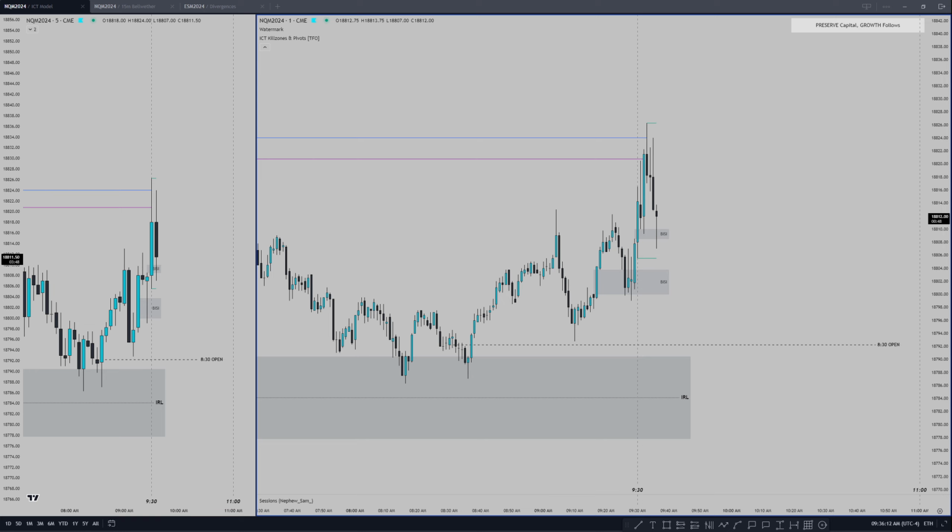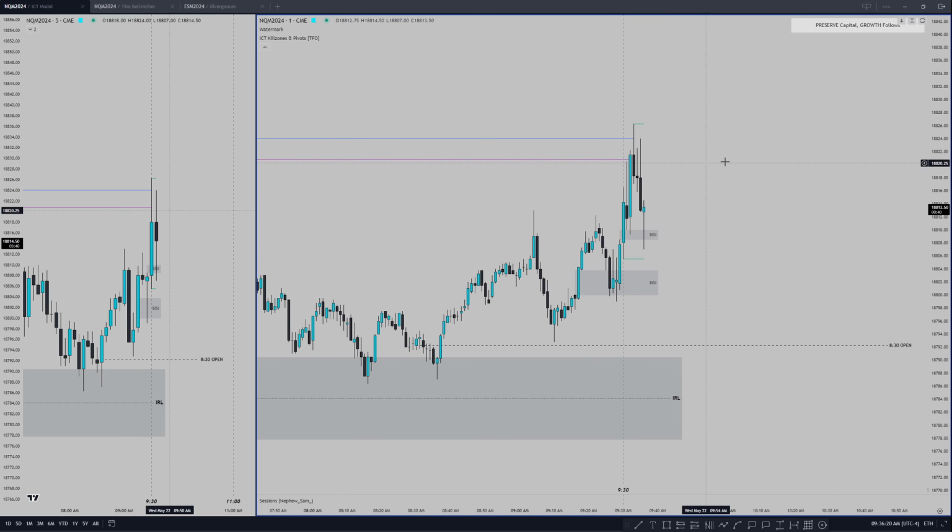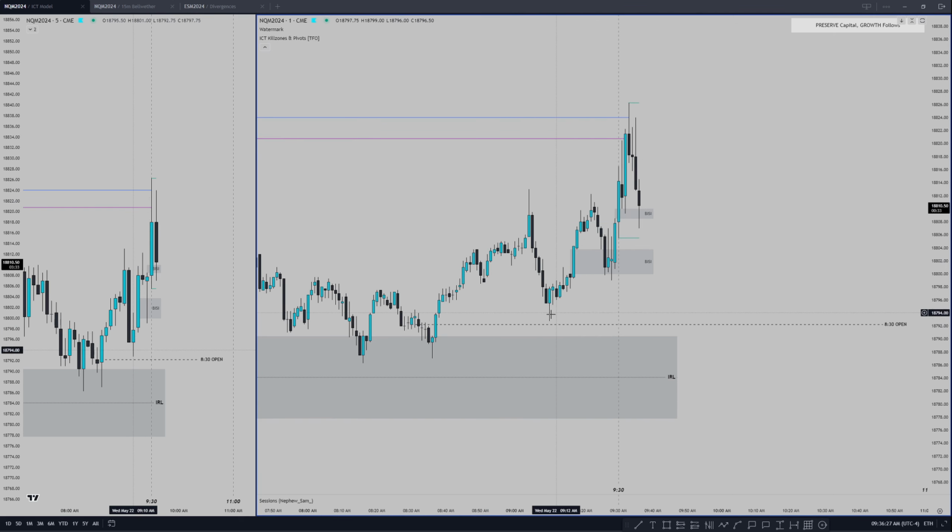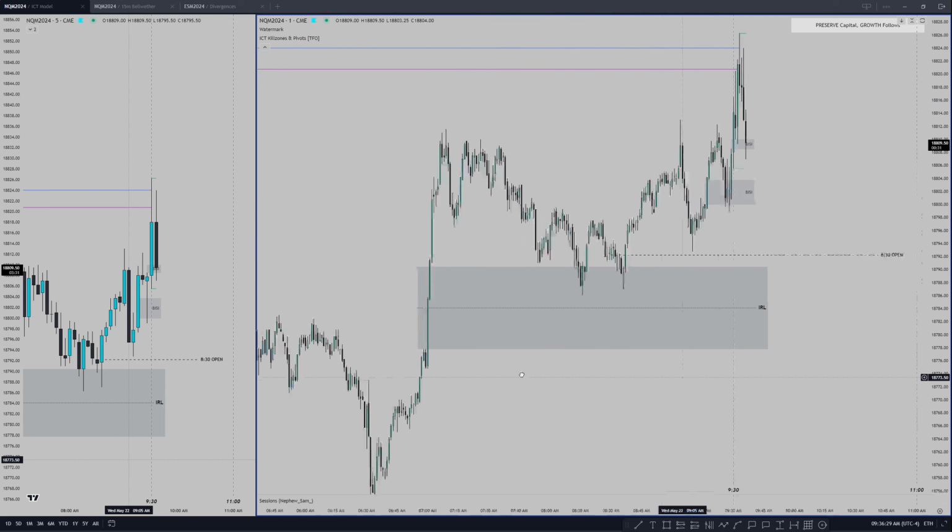Type this up. There we go. So sell side here, not purged. Sell side here, you have one sell side. So this is your current dealing range, but pretty equal sell side.